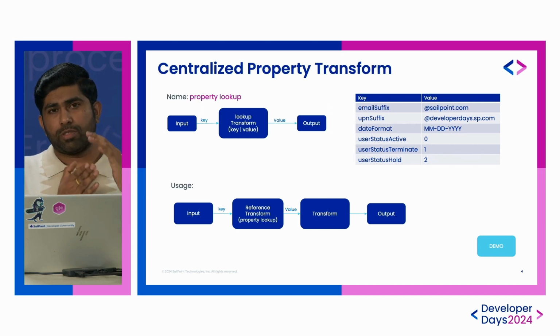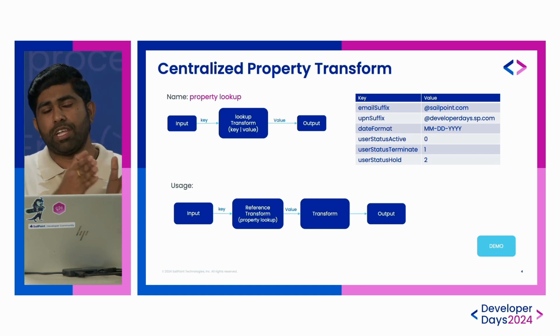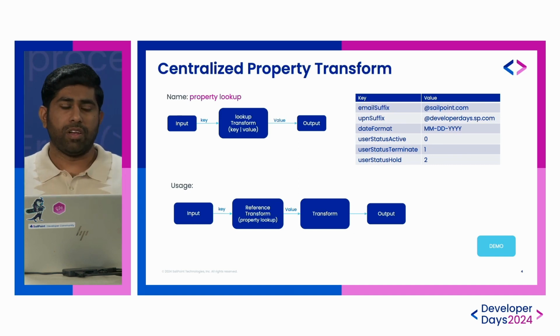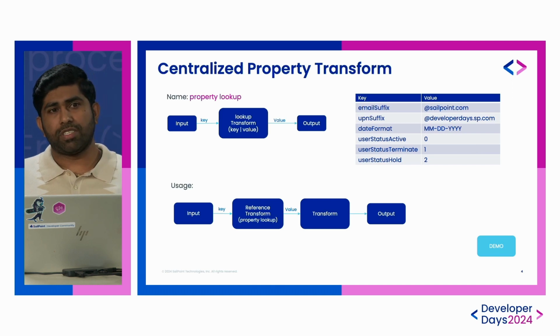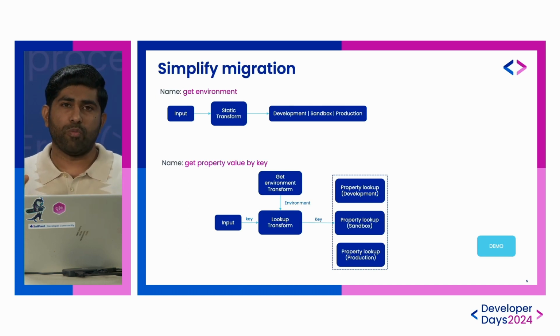This will work perfectly well when you have only one environment. But if you have multiple environments like development, UAT, pre-production, and production, you might need multiple property files to make the migration simple. The enhanced version is to create one more transform called get property value by key.